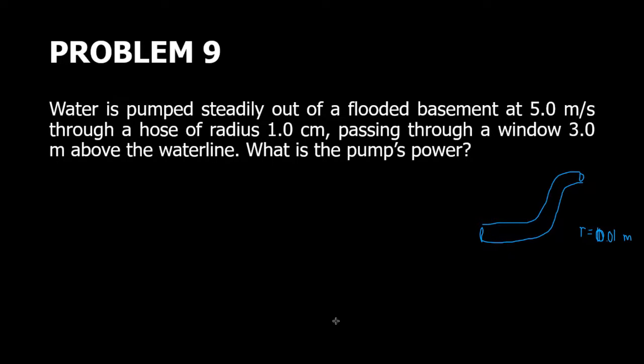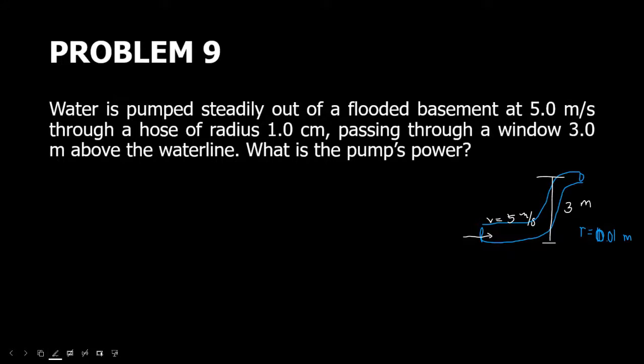Again, we're expressing this in meters. Then it has a height of 3 meters above the water line. Then the flooded basement at 5 meters per second. So, it has a velocity of 5 meters per second. So, how do you find that?